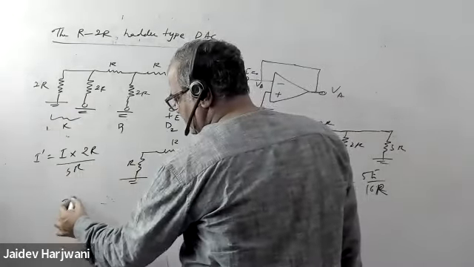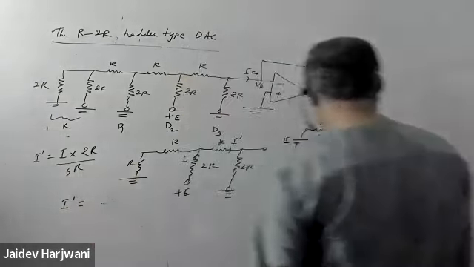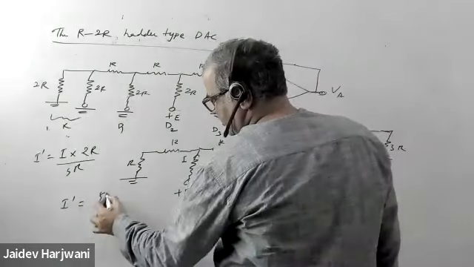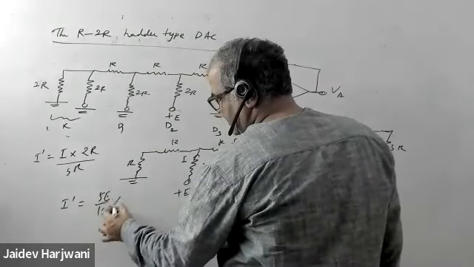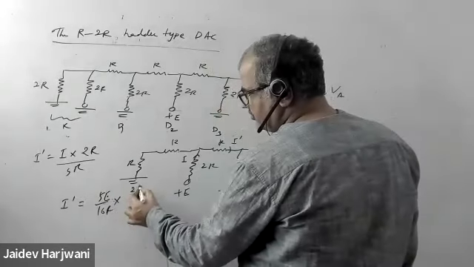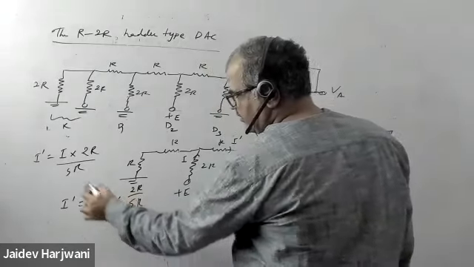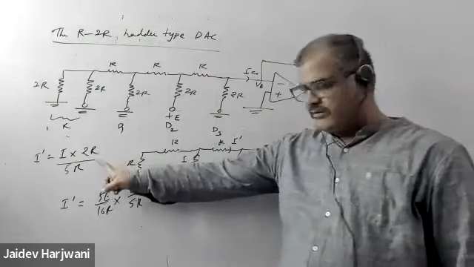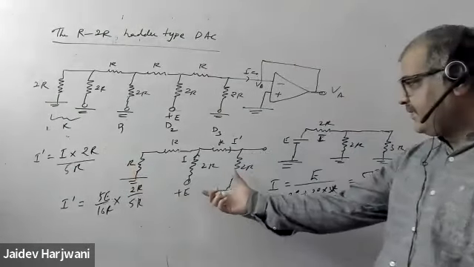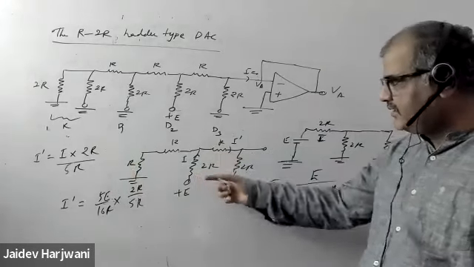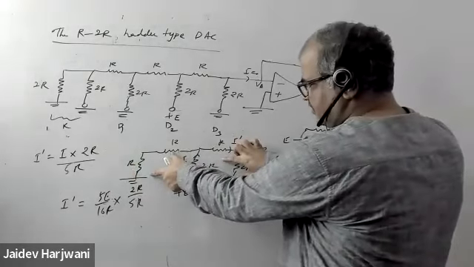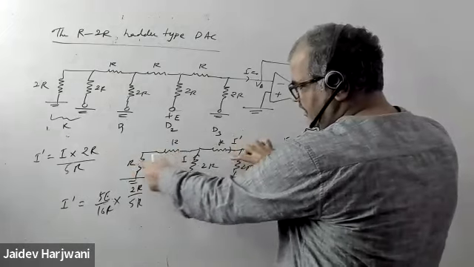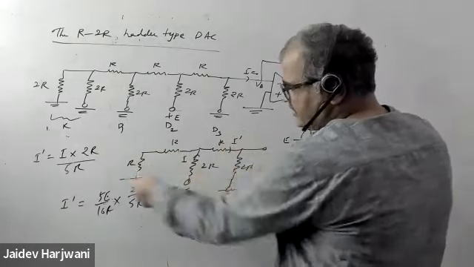So my I dash will be I, which is 5E upon 16R, into 2R upon 5R. Are you getting this one? I am applying current division here in this branch and this branch: the resistance of the opposite branch over the total resistance 5R.